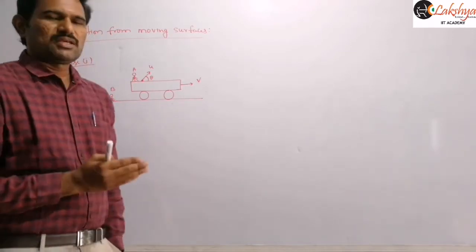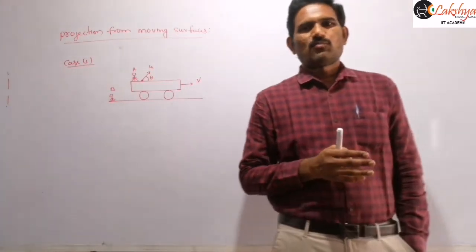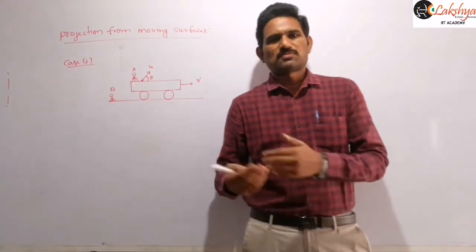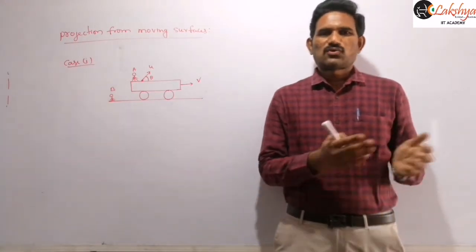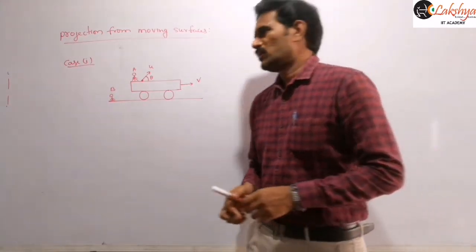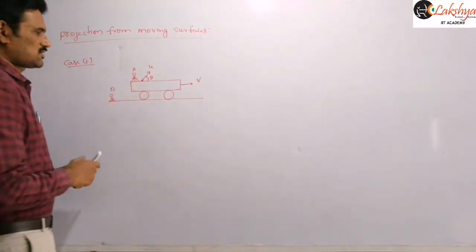So in this, you simply need to write the horizontal component and vertical component of the projectile. If you are solving with respect to the ground, you need to write those quantities, and if you are solving with respect to the truck, you need to write those quantities, right? So first let us solve generally with respect to the ground.